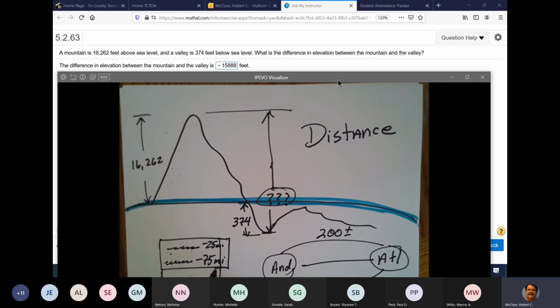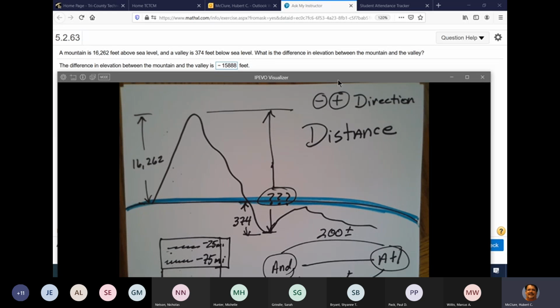No. No, I traveled 200 miles. Okay? Distance is not negative. The only thing that negative and positive tell us is what? The other D word. Direction. The only thing that negative tells you when it said below.